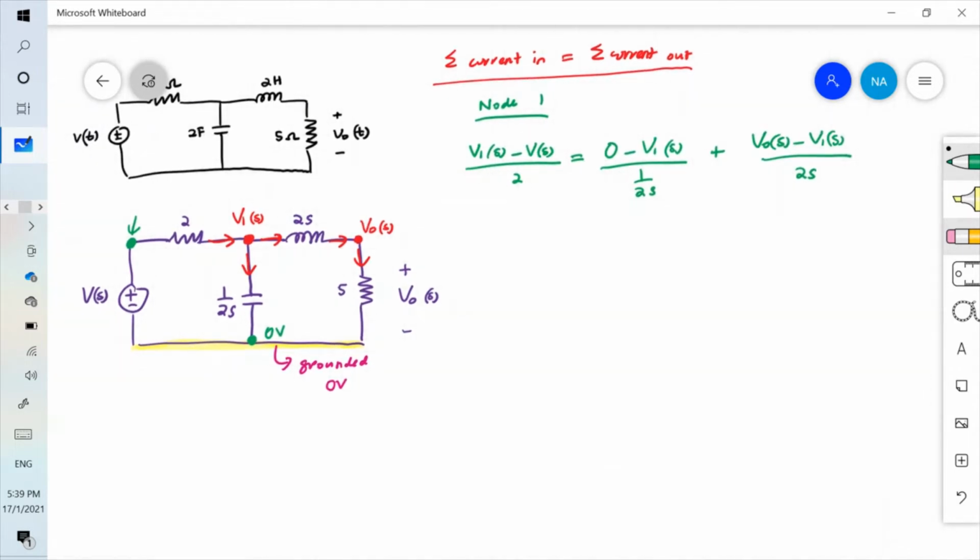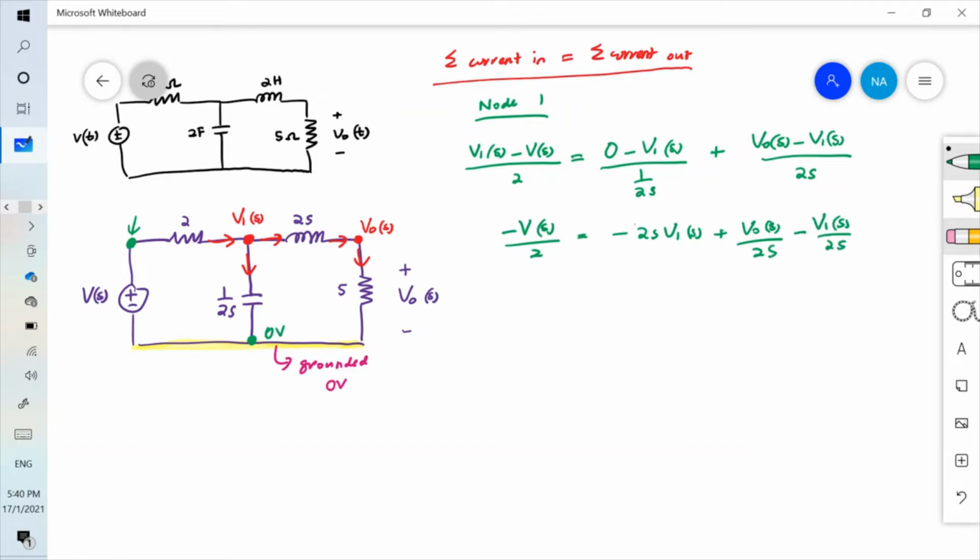Right now I'm going to arrange this equation such that the Vs will be on the left hand side. So I will have negative Vs over 2 equals negative V1S, which is actually negative 2S V1S, because it is divided by 1 over 2S, plus, I'm going to split all of these terms because we're going to put similar terms together.